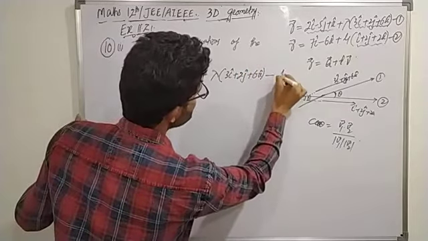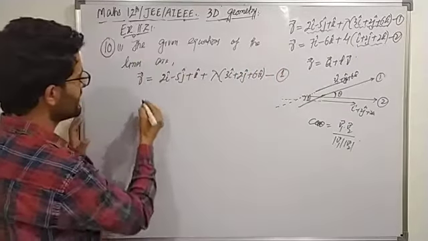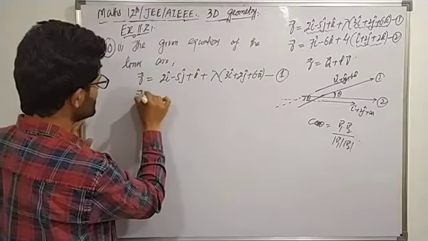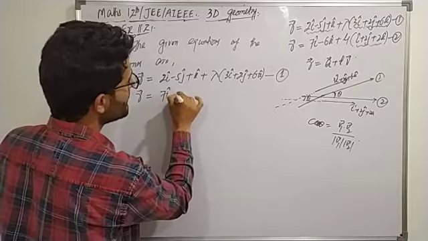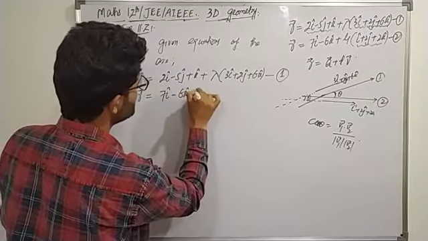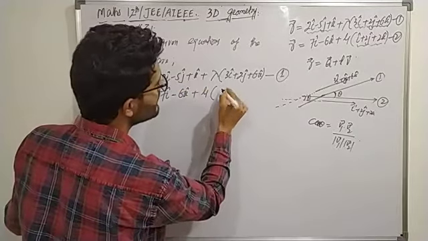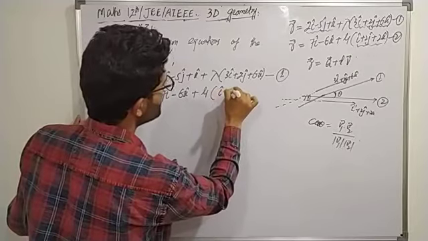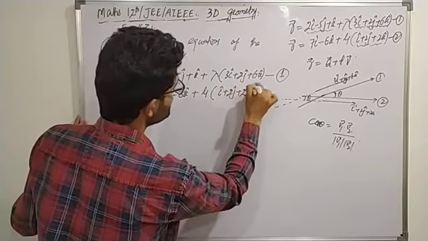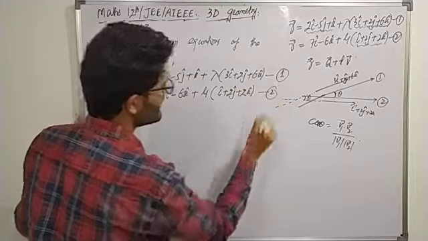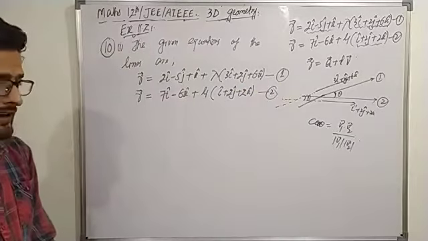This is our first line. And similarly we have the second line, r vector is equal to 7i minus 6k plus mu times i plus 2j plus 2k. We will keep this as line number second.